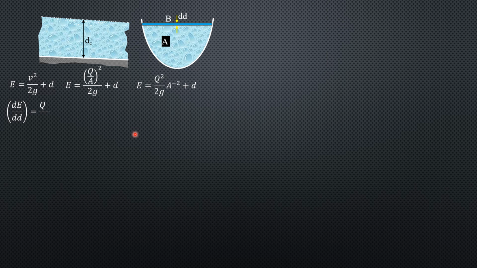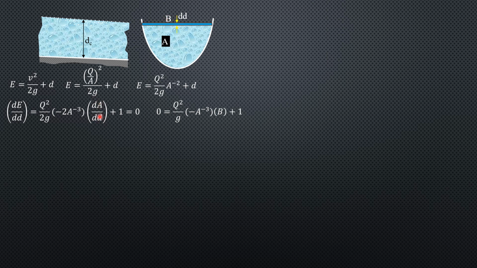So the derivative of E with respect to the depth is Q squared over 2g times negative 2 area to the negative 3 times the derivative of area with respect to depth, plus the derivative of depth with respect to depth, which is 1. Then equate to 0 because we're going to minimize it. So simplifying, we have 0 equals Q squared over g times negative area to the negative 3 times the derivative of area with respect to depth. Since differential area is B dD, dA over dD is the top width.